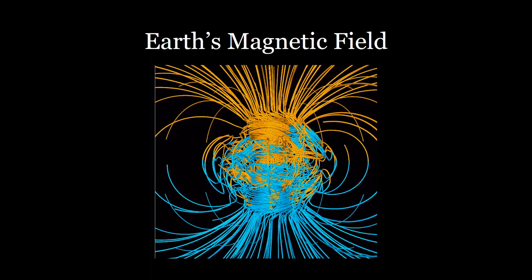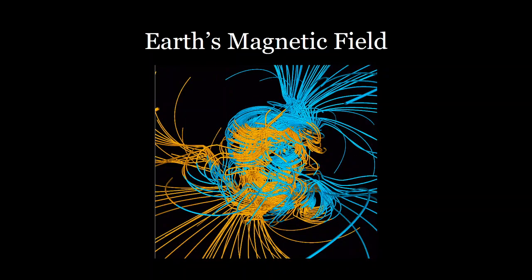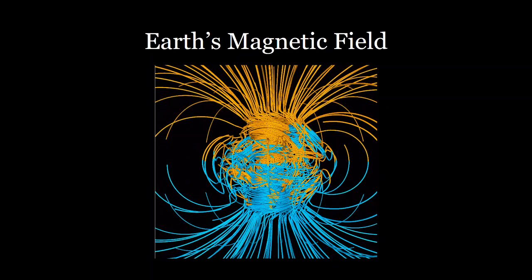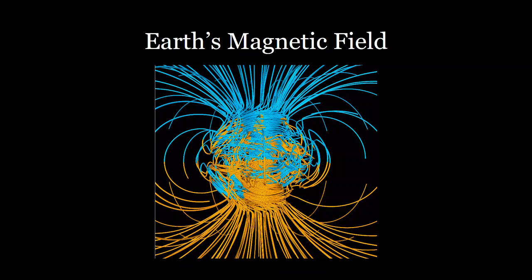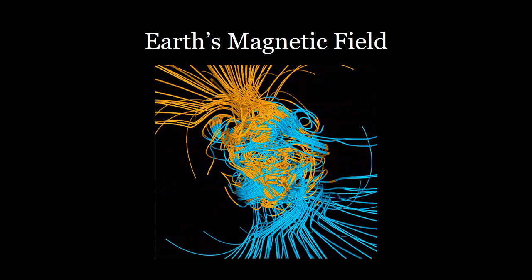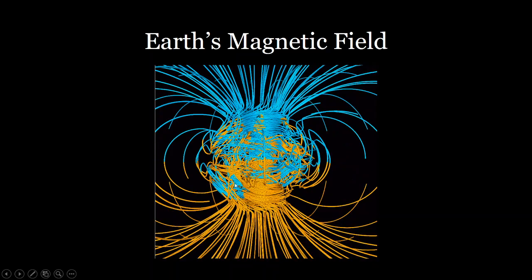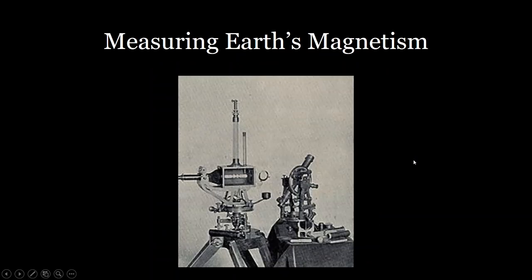And when that happens, the North Pole, where you have those magnetic field lines, can completely switch to the South Pole. And this is a simulation of what those field lines would look like in that process.